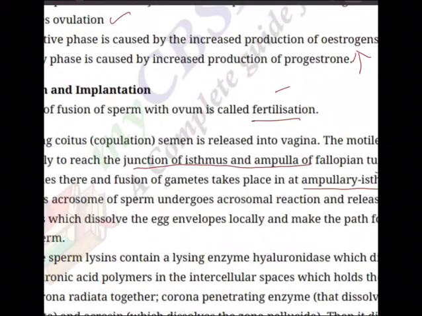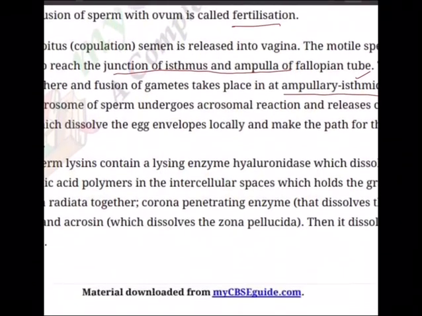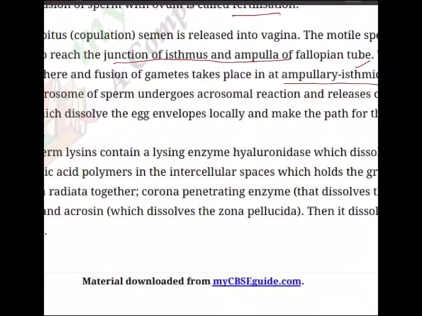In this, acrosome of the sperm undergoes acrosomal reaction and releases certain sperm lysins which dissolve the egg envelopes locally and make the path for the penetration of the sperm. These sperm lysins contain a lysing enzyme, the one that breaks.